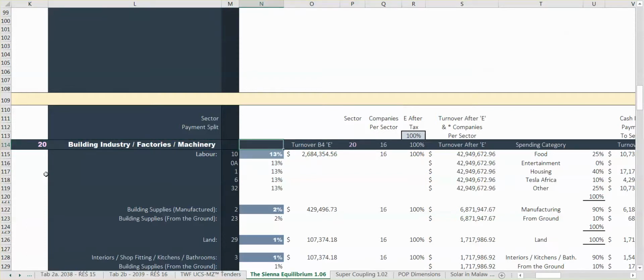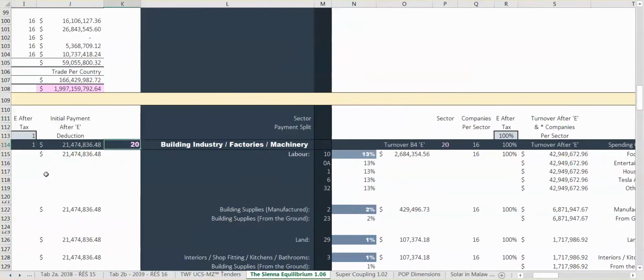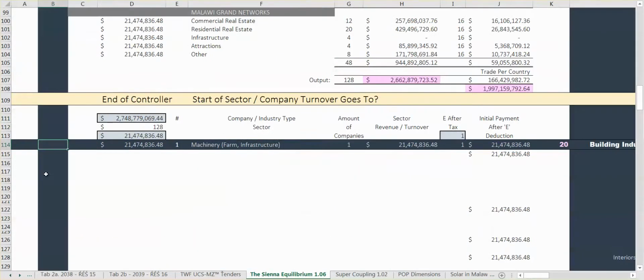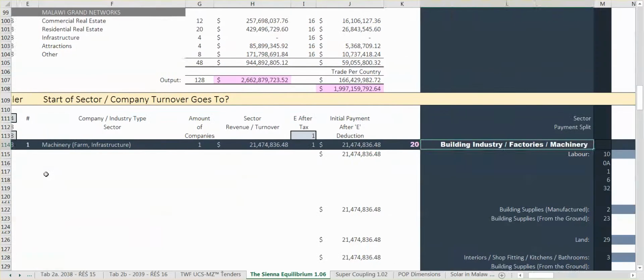I think we're now dividing the total income. The total income. Is that what the total income is? Where's total income? Okay, there's the sector income. No, that's not the sector income. Yes. Okay, there's the sector income per sector, 21 million.